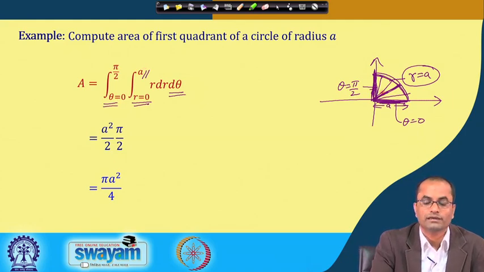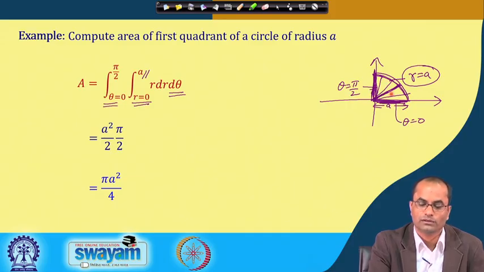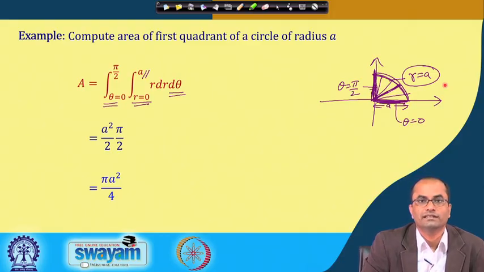But if we do it in Cartesian form, it will be a little bit complicated, because we have to draw the limits of x and y, and that will contain the circle in Cartesian form. The equation of the circle in polar form is simply r equal to a.